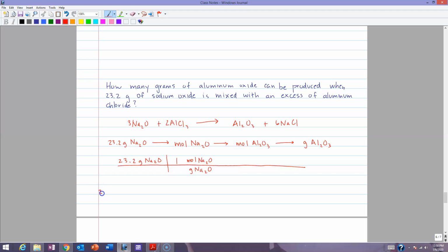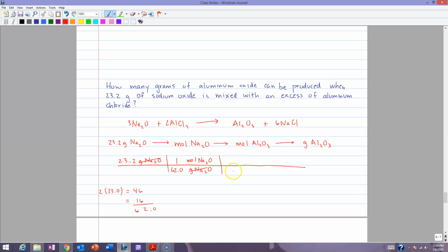Sodium, there's 2 of them. Each one has a mass of 23. Oxygen is 16. So that's going to give me a mass of 62. Grams of sodium oxide will cancel out.